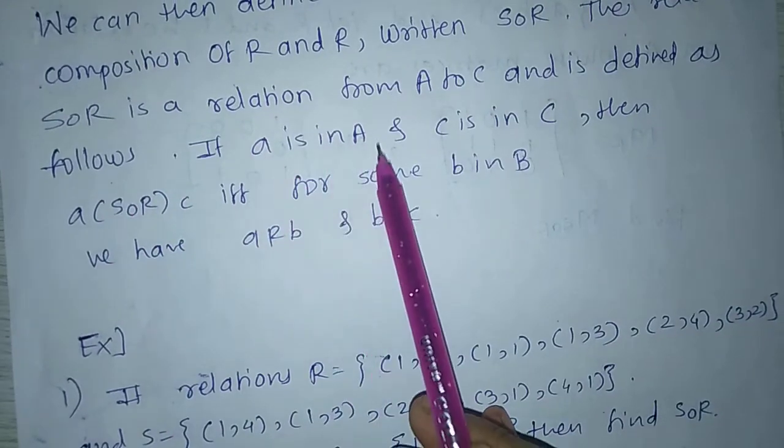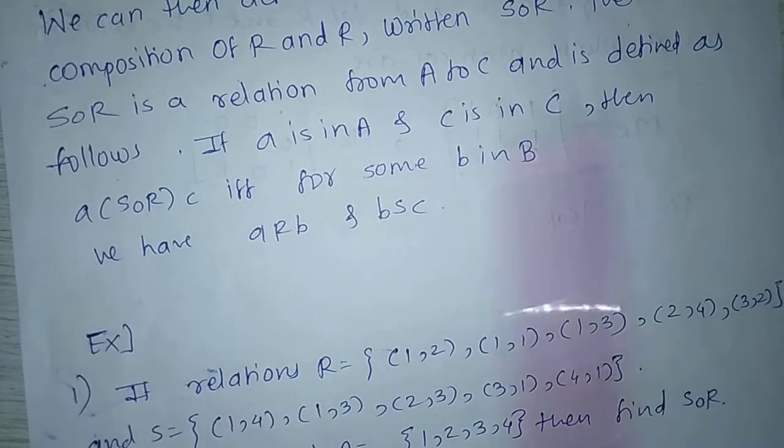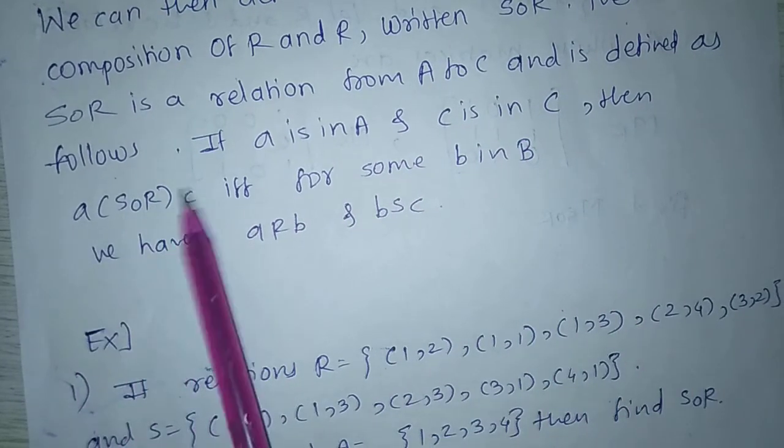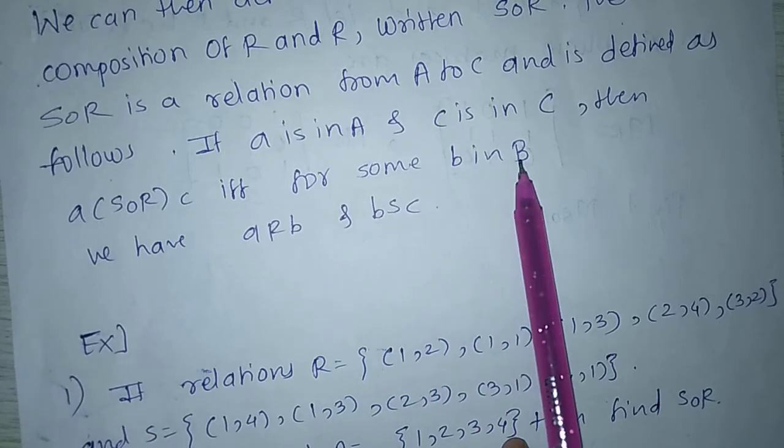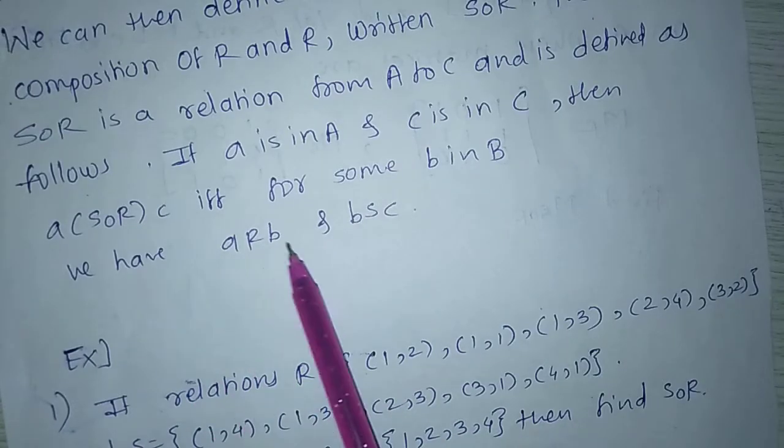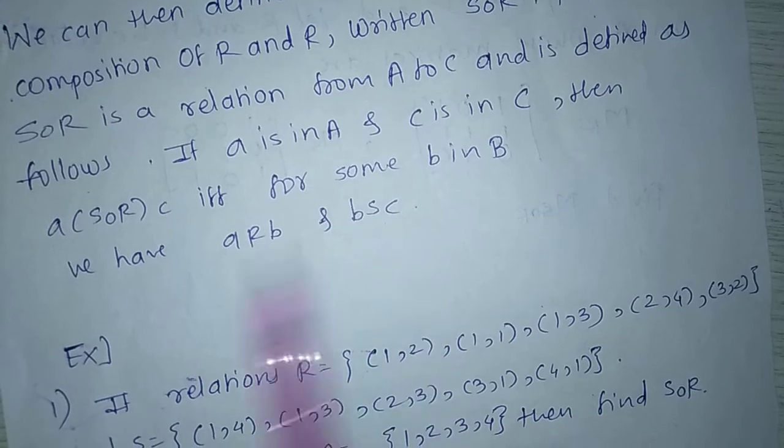If a is in A and c is in C, then a S composite R c if and only if for some b in B, we have a R b and b S c.